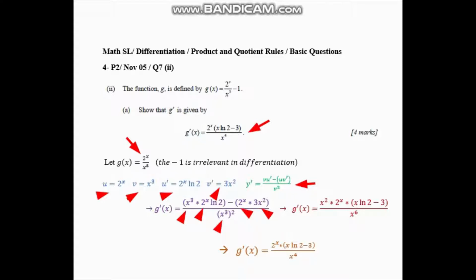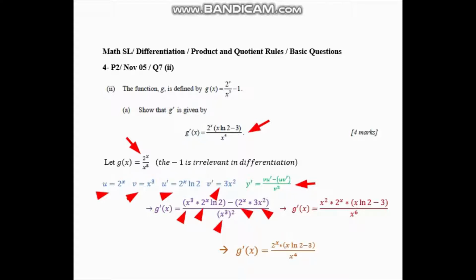Now, in order to reach the show that expression given above, we're going to have to do some factorization. If you don't know the basics of factorizations, maybe you need to review that, but just the simple part of it is that you pull out the common factors of two expressions that are right next to each other. So I have two expressions in the numerator, x to the power of 3 times 2 to the power of x ln 2, that's my first expression, minus 2 to the power of x times 3x squared.